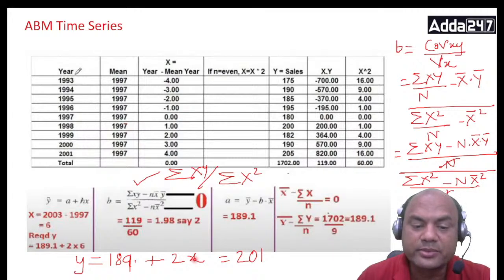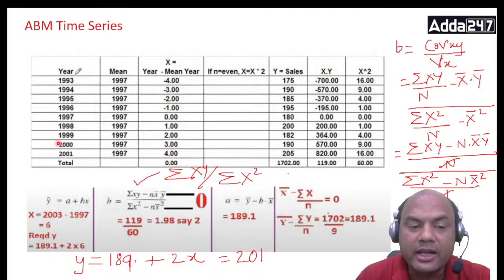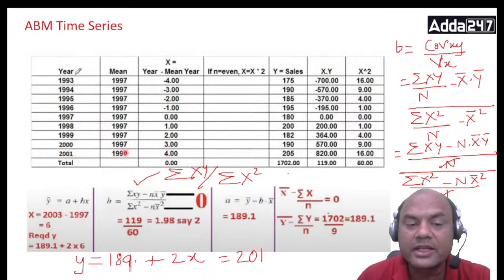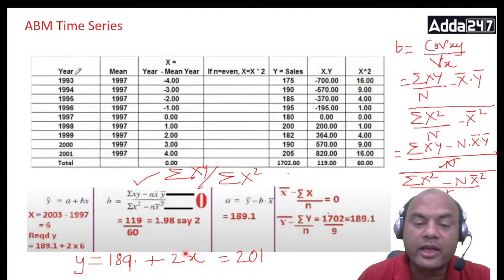So my x becomes 6 over here. Because how did my x come over here? My x came by subtracting this number from this number. So 2001 minus 97, 4. So 2003 minus 97, 6. So I'll write this x as 6.